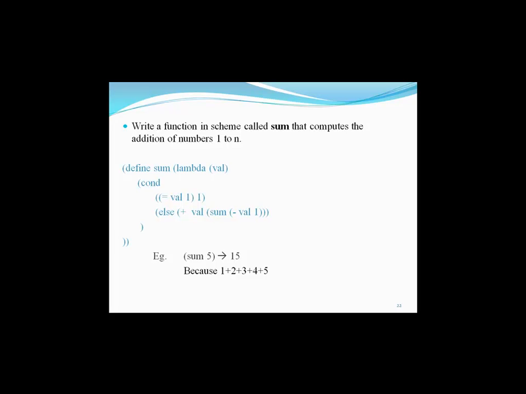To write the sum function, we write define sum lambda value, cond, the base case is that value equal 1 returns 1, else we should add value to the previous sum of the value minus 1. Here we have used recursion, so we can easily add the value to the previous sum of value minus 1.